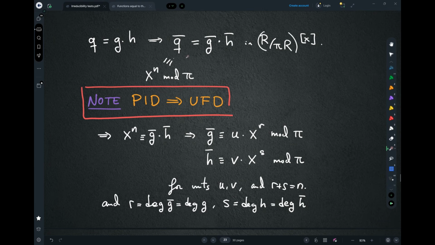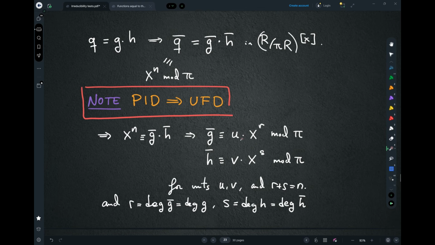And since this product of G bar times H bar is over a field, this is a unique factorization domain. We will show that those are true things. But in any case, this is a factorization of x to the n as a product of two polynomials. Therefore, each one of these G bar and H bar has to be a power of x.